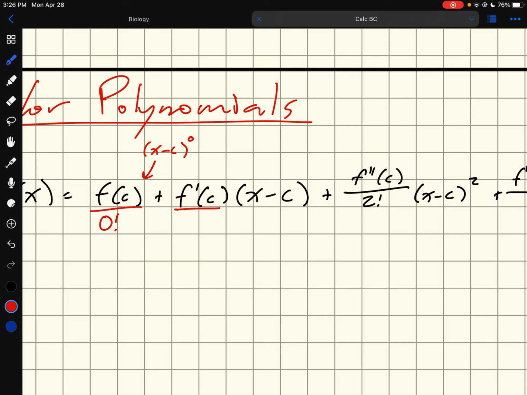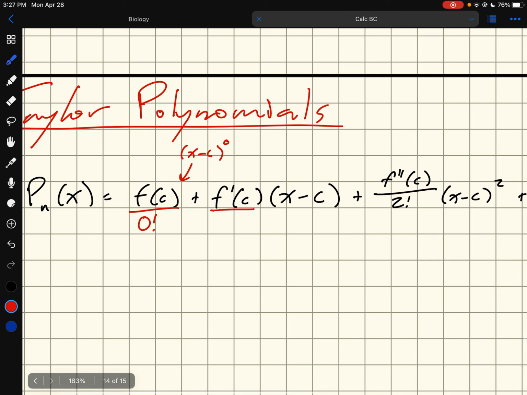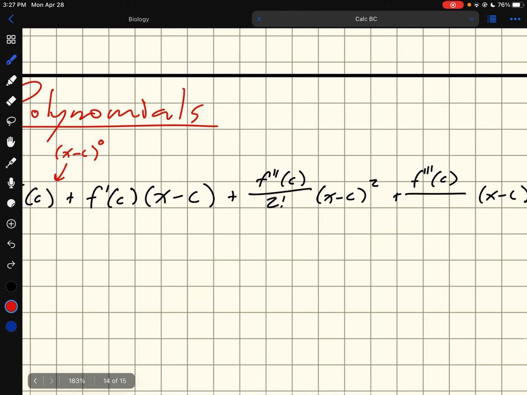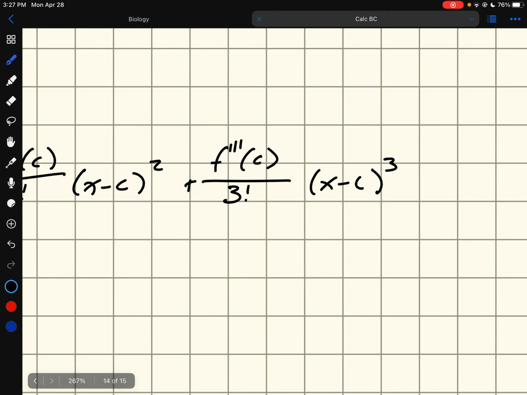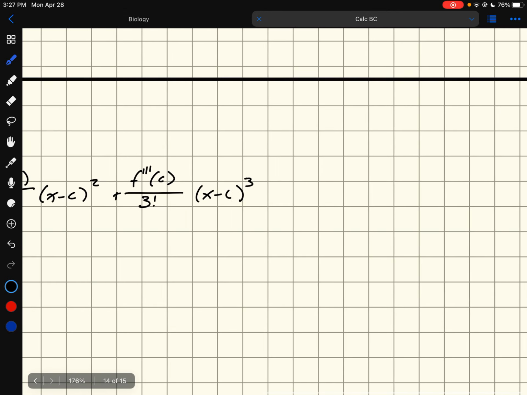Let me see. Yeah, 0 factorial equals 1. I can't tell you why. It's just a fact. So here you start at 0 factorial, and then you go to 1 factorial here, which is just 1. And then now you have a 2 factorial. So then obviously here you can think you have a 3 factorial. So this pattern just keeps on going on and on and on.